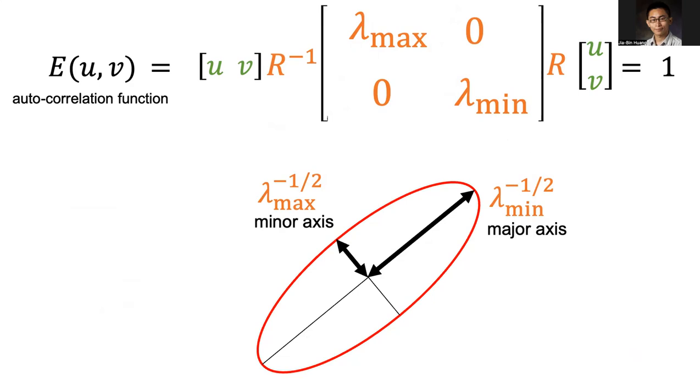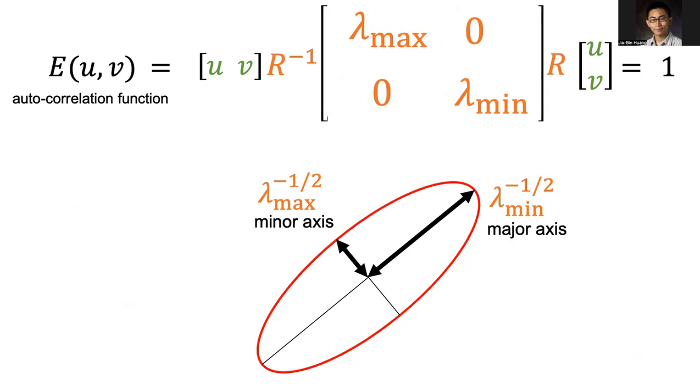And what do I mean by something that's easy to track? I want some regions where even the slowest change is fast. Okay, that is my definition of something that's easy to track, which means that I want the smallest eigenvalue of the two eigenvalues to still be large.